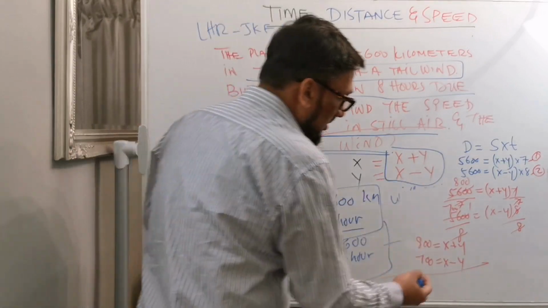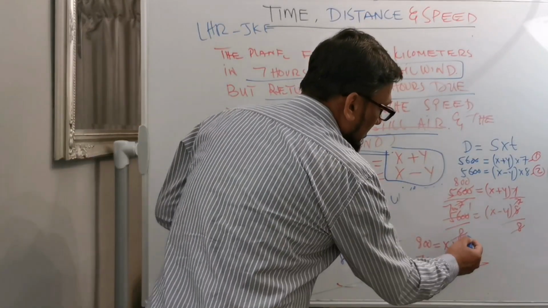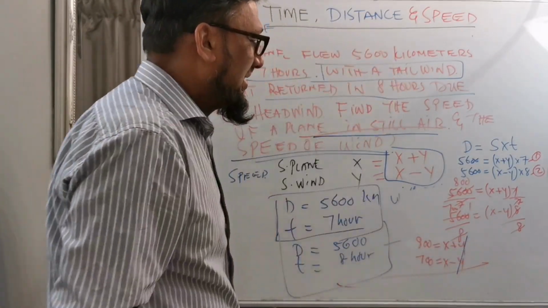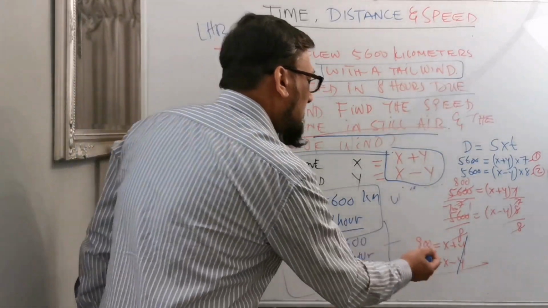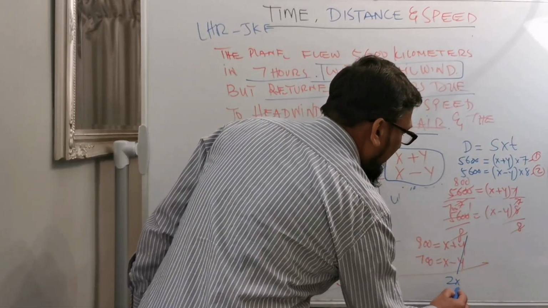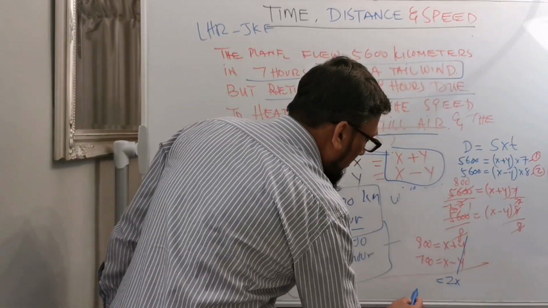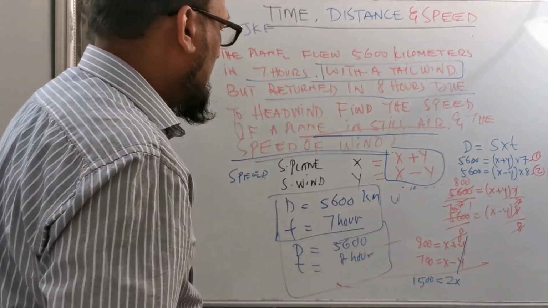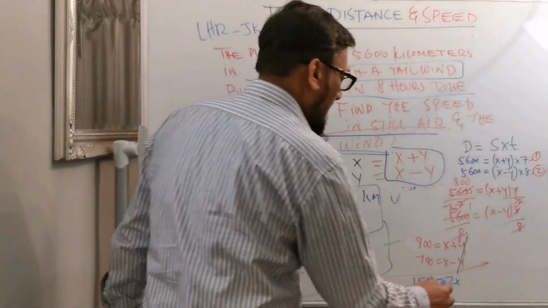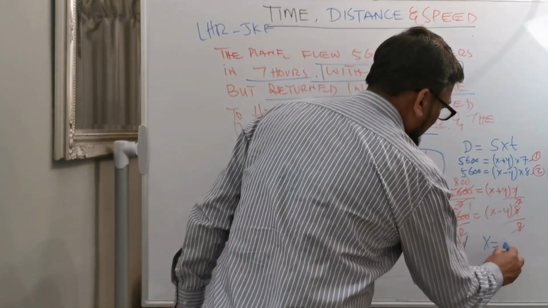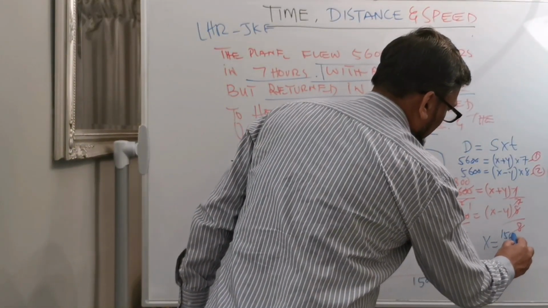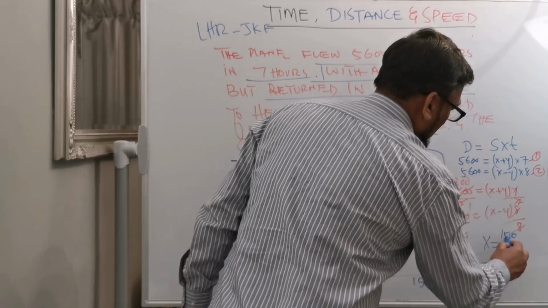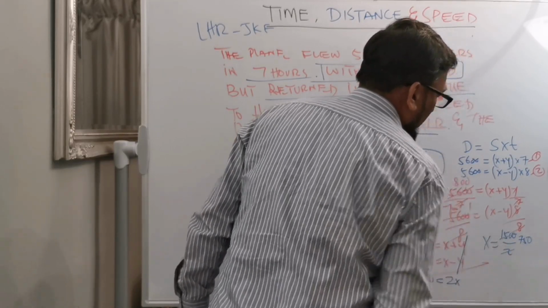So look at this. Plus y minus y is cancelled. So x plus x is 2x, which is equal to 1500. So it means x equal to 1500 divided by 2, which is 750.